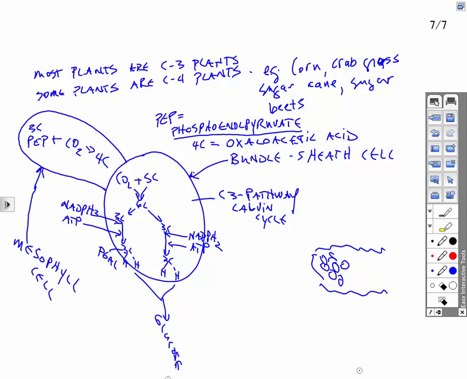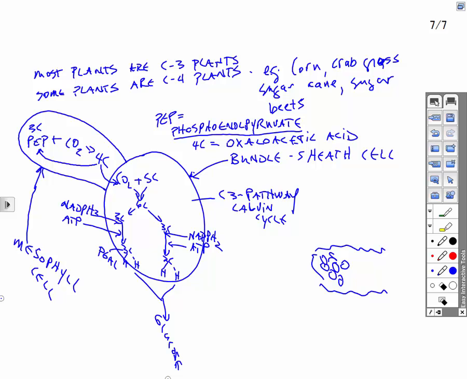What the 4-carbon will do is drop off the CO2, and then it will come back as a PEP, which then can pick up another carbon, form the 4-carbon oxaloacetic acid, and then drop off a CO2, and then go back out as a PEP, and pick up another CO2 and drop it off, over and over.